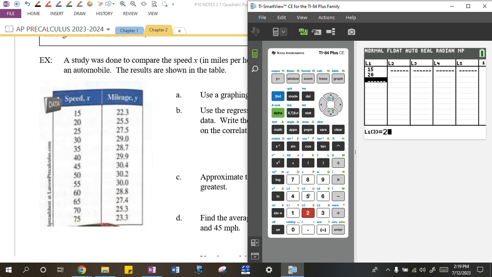Looks like they're going up by 5s until you get to 75. Just checking this, I have 13 values: 1, 2, 3, 4, 5, 6, 7, 8, 9, 10, 11, 12, 13. Good.